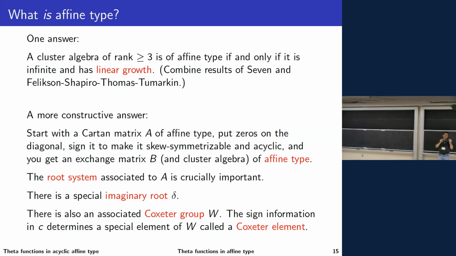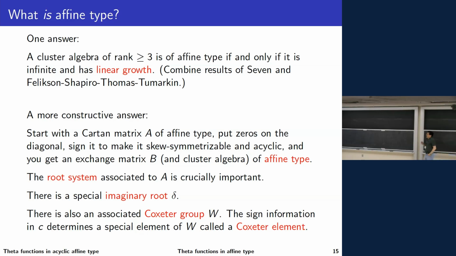I sign it, and I make sure it's acyclic. Even if I turn it into a quiver, I don't want oriented cycles. That's what affine type is. If you are mutation equivalent to something that came from that, that's exactly it, and it's exactly parallel to the Fomin-Zelevinsky classification of cluster algebras of finite type.